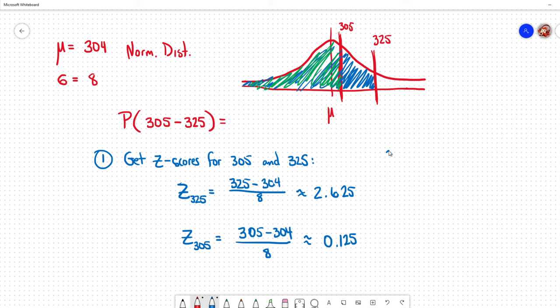All right, so now step 2 is I'm going to get the areas corresponding to those z-scores.